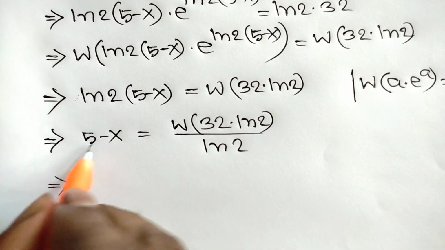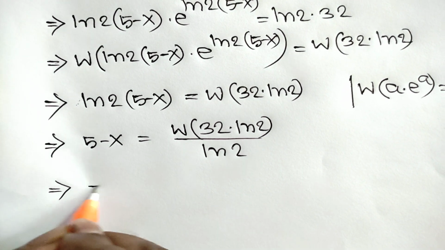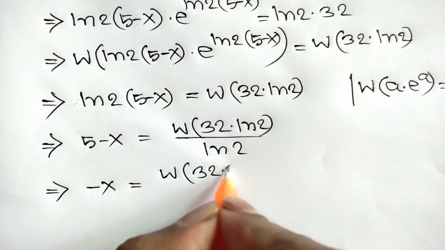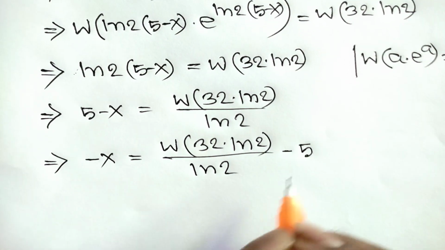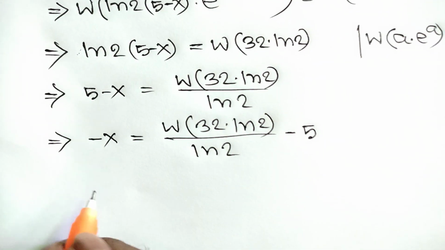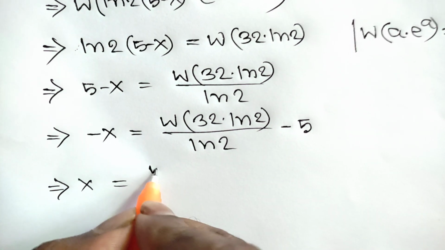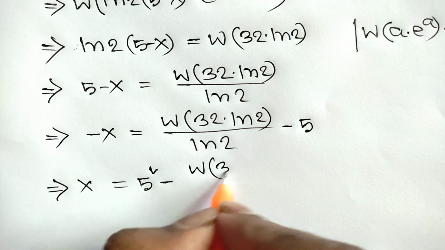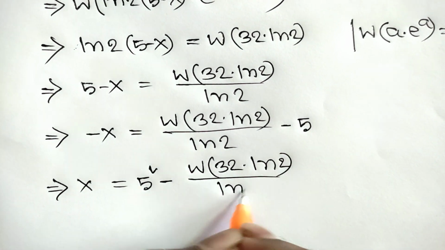Now taking this 5 to the right side, we get negative x is equal to W of 32 times ln of 2 over ln of 2 minus 5. Now multiplying both sides by negative 1, we get x is equal to 5 minus W of 32 times ln of 2 over ln of 2.